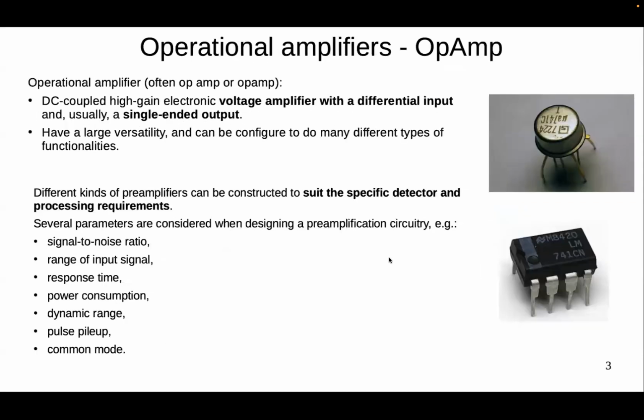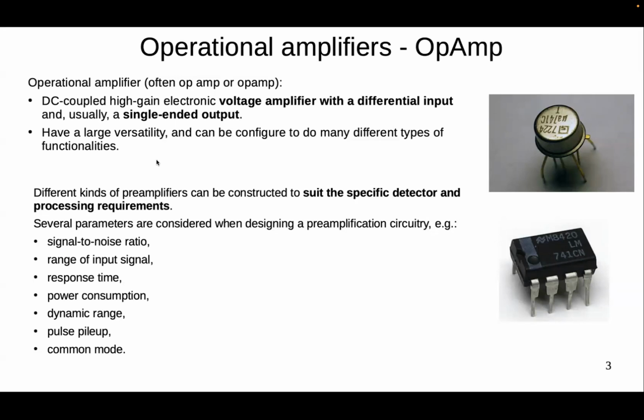Okay, then, first, what is an operational amplifier? Normally we can find it as op-amp. The op-amps, or operational amplifiers, are devices that are DC coupled with very high gain. They have two differential inputs and normally a single-ended output, so two differential inputs and one output.